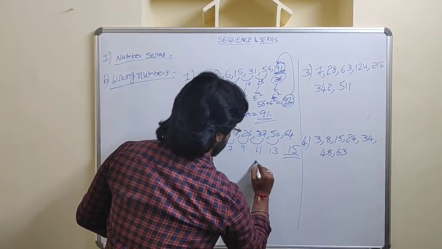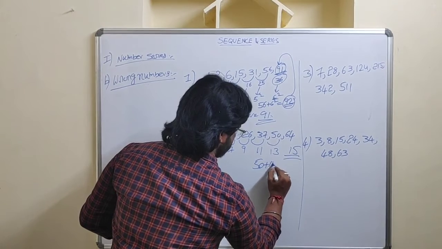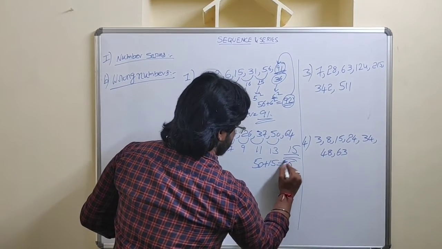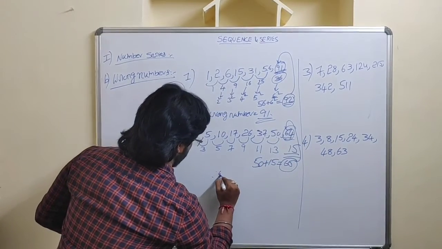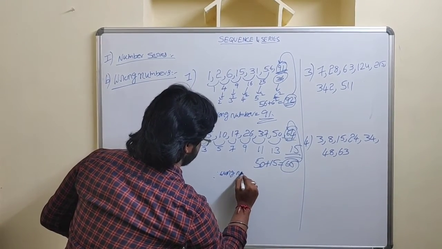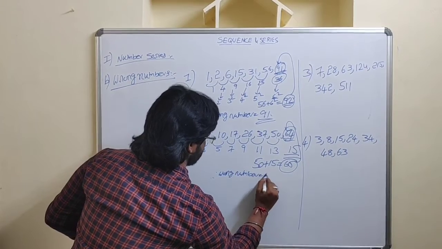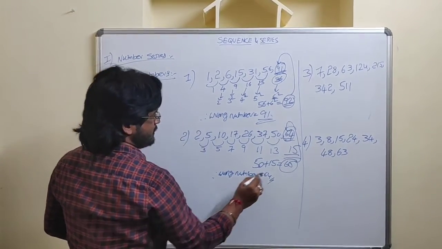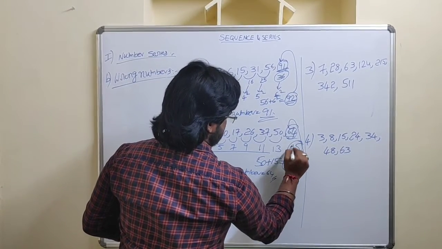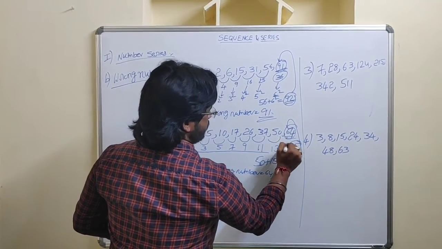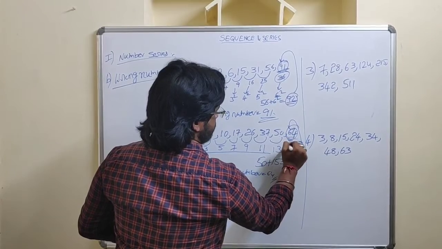But when you add 50 plus 15, you will get 65, and instead of 65, here 64 is there. So the wrong number is 64. Why 64? Because the entire rule is satisfied and fails at this point. Whenever the rule fails, the corresponding number becomes the wrong number.